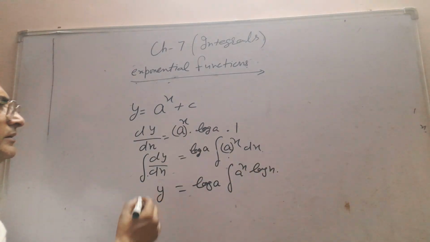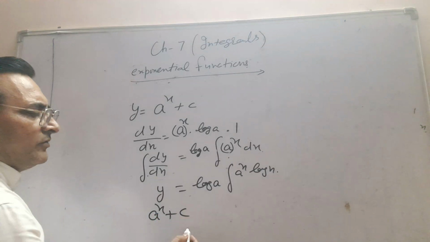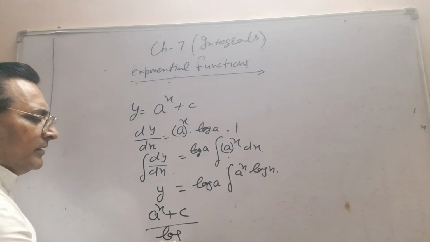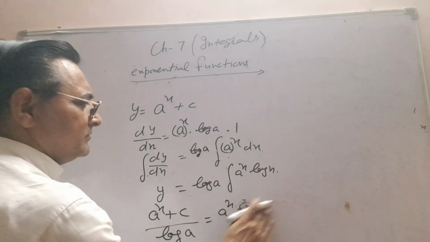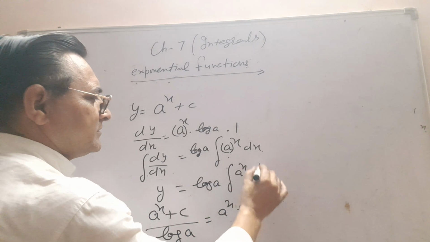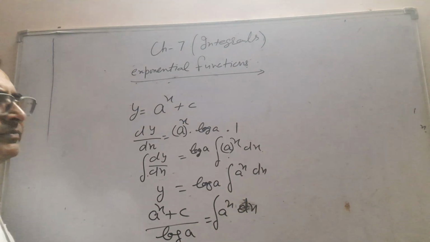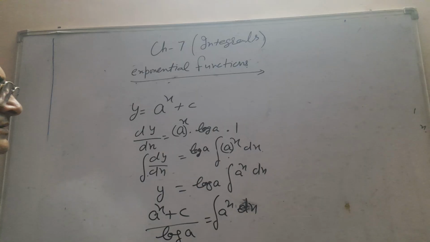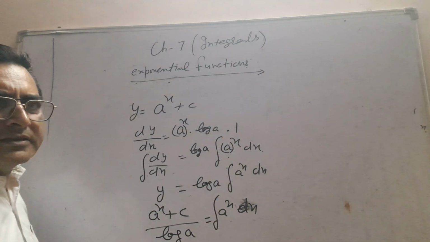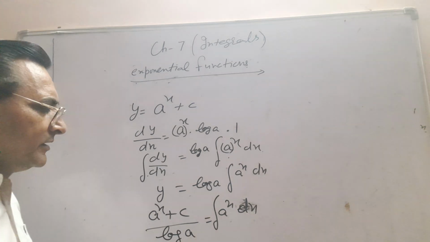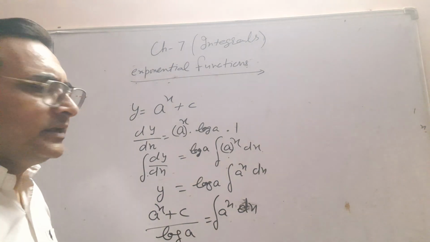So what will it be? y is a power x plus c, and we write log a in the denominator. This is the integration of a power x dx, and the derivative of x is 1. The 1 is also in the denominator, there is no need to write 1. So this will be the integration of a power x dx.